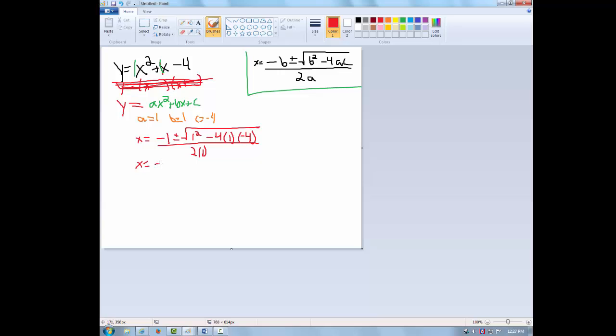Okay, so we get a -1 out front. That doesn't change. And then we have 1 squared, which is 1, minus 4 times 1 times -4. So 4 times 1 is 4, times -4 is -16. But really this is a -4 times -4, so we would get positive 16 all over 2.